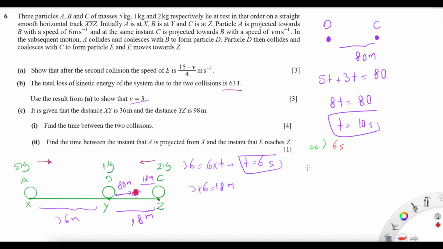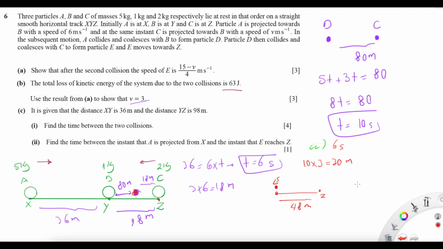So 10 seconds times the speed of C, which was 3, is 30 meters. So apart from these 18 meters, C has moved 30 meters more. Now it is 18 plus 30, which is 48 meters, for the collision to form particle E.